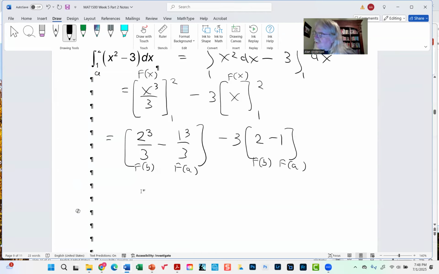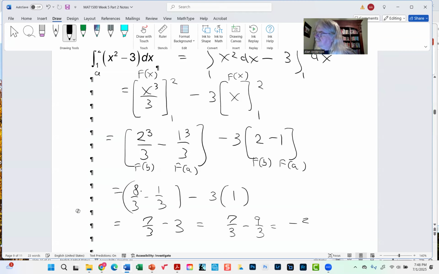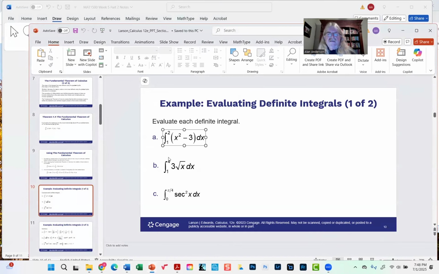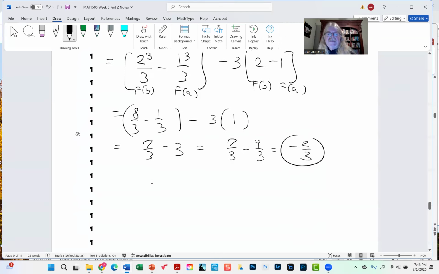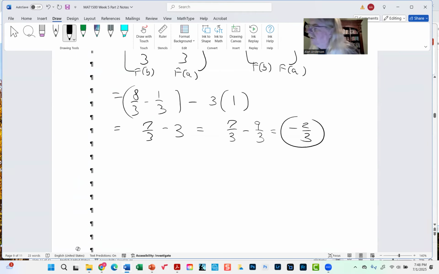So you have 8/3 minus 1/3 over here. That's all there is to it. So compared to taking all those limits and all those formulas, wow, this is really quite down to earth, isn't it?